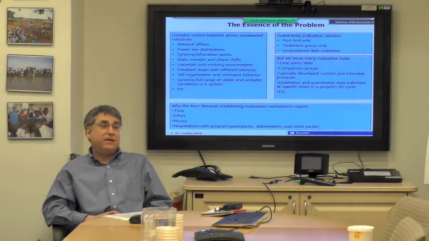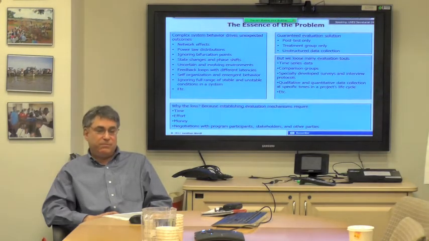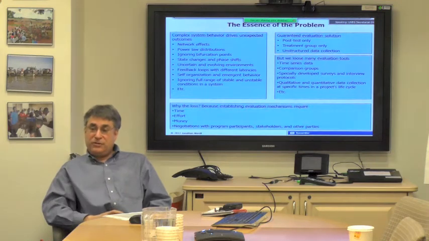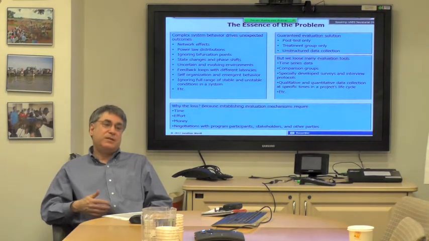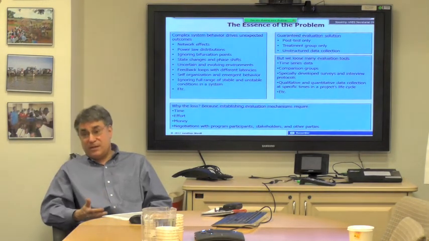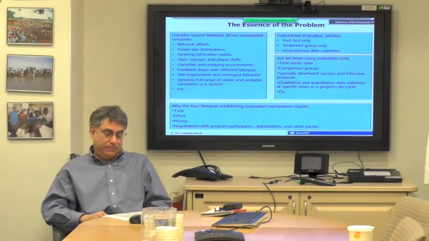There are uncertain and evolving environments, right? You drop a program, you drop an initiative into some setting, and you have to assume at least some kind of stability. Well, as we all know, things aren't always stable, and so when the environment around the program evolves, programs begin to do things that you hadn't expected. Feedback loops, it's related to network effects.